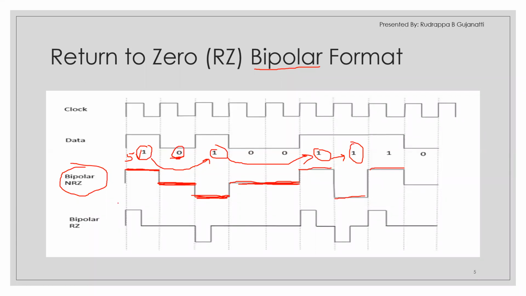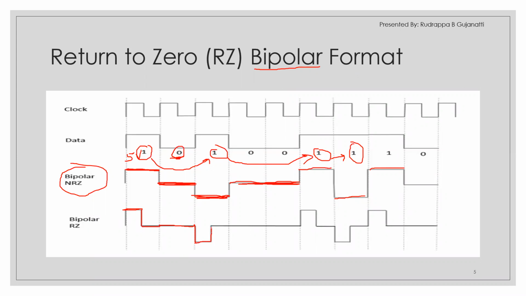And in return to 0, during the half bit interval, it will stay at its representation level, and then it returns back to 0. So when it is 1, it will be plus 5 volts. Say initially I'm starting with plus 5 volt, then it returns to 0 during the next half bit interval. Here it is 0, so it will stay at 0 itself. Now it is 1. So when it is 1, previously it was plus 5, now it will be minus 5.